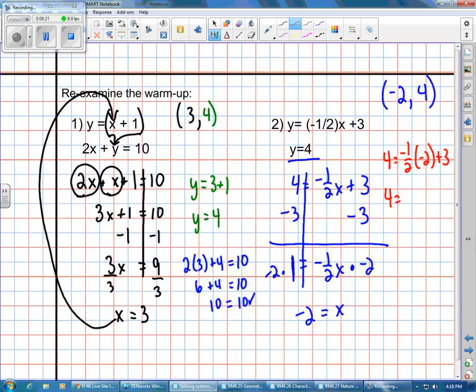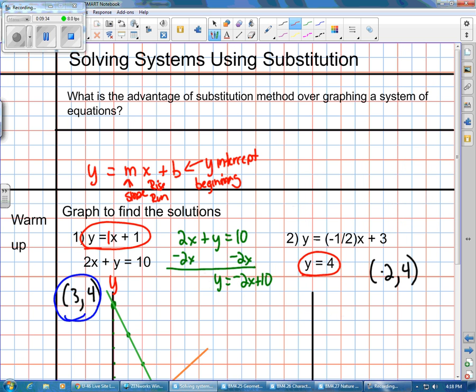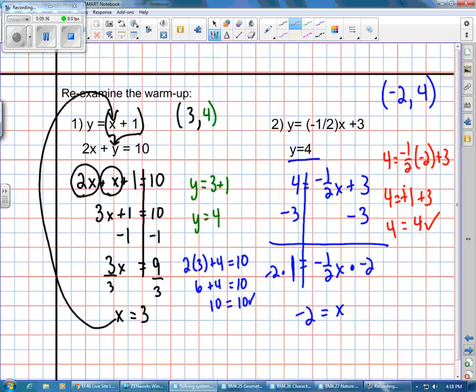Now a negative times a negative is a positive. Half of 2 is 1. 1 plus 3 is 4, and 4 equals 4. So it's a good answer. I can also check. When I graphed it, I said negative 2, 4. When I solved using substitution, I say negative 2, 4. So I know that's a good answer.